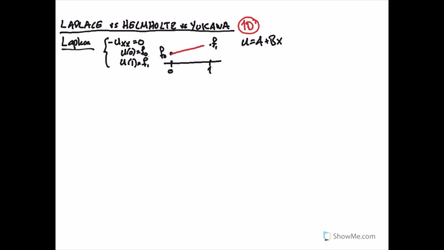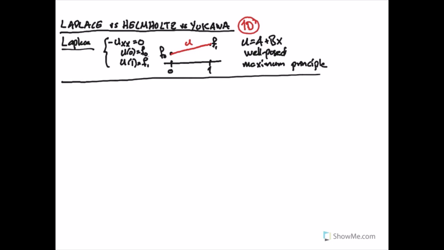So there we have u, a straight line between the 2 points. Everything is very nice here. This is well posed, and we have a maximum principle for this problem as well, which is to say that the max and the min of the solution are attained at the endpoints. This holds for 2D problems as well. So Laplace is very nice in this respect.